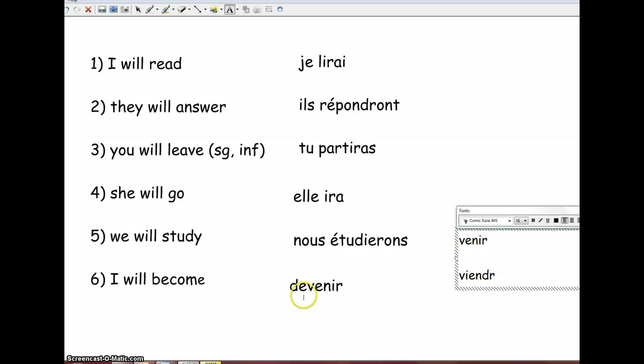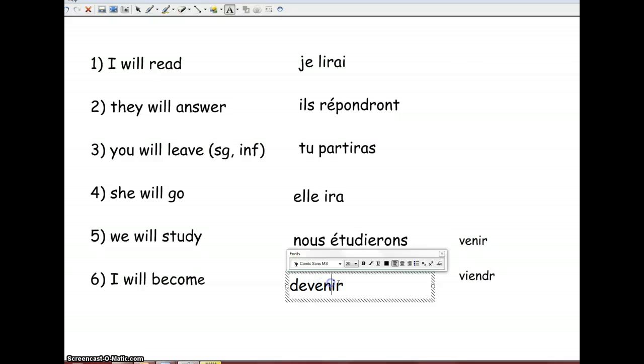Because if we look, we've got de added to venir to make the whole infinitive devenir. When we are making the irregular stem of devenir, we need the stem of venir, and we need to put the de back in front. So can you see how that works?